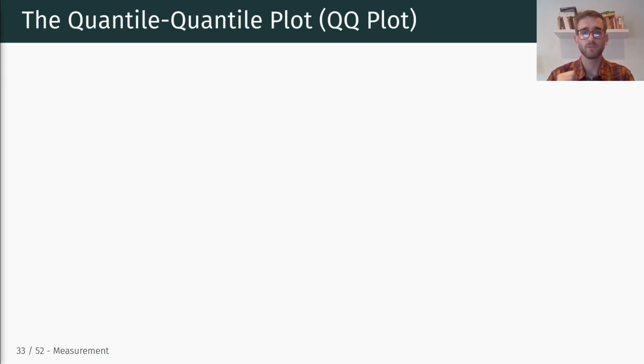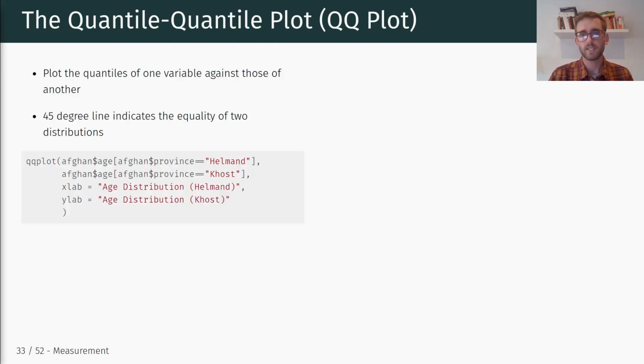Okay. And the last important technique to compare two distributions to each other is the quantile plot, or oftentimes just called QQ plot. The QQ plot allows us to plot the quantiles of one variable against those of another variable, and they help us to compare distributions from different data sets and see whether they're similarly shaped overall.